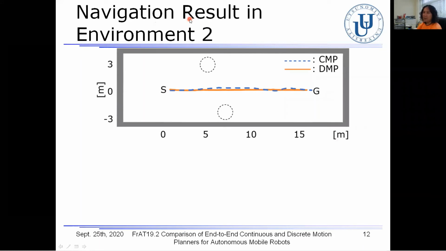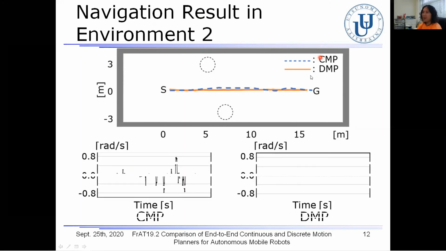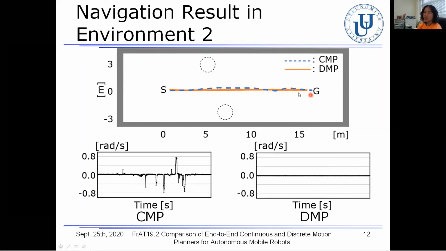The robot behavior is due to the angular velocity. From the trajectories, we can see the robot based on the CMP slightly weaved. Therefore, we compare the angular velocity as shown in these figures. As can be seen in the left figure, although obstacle avoidance was not required in this environment, an angular velocity other than omega = 0 was decided by the CMP.